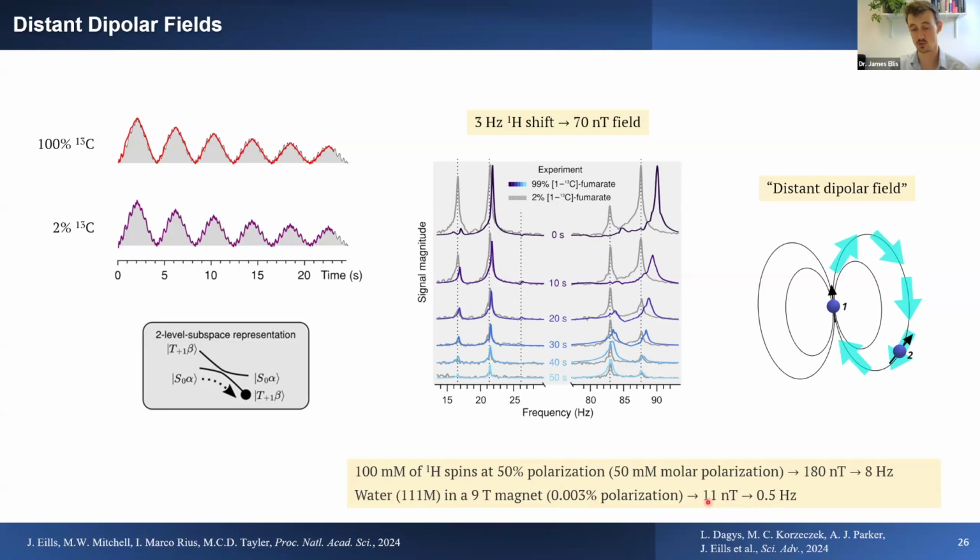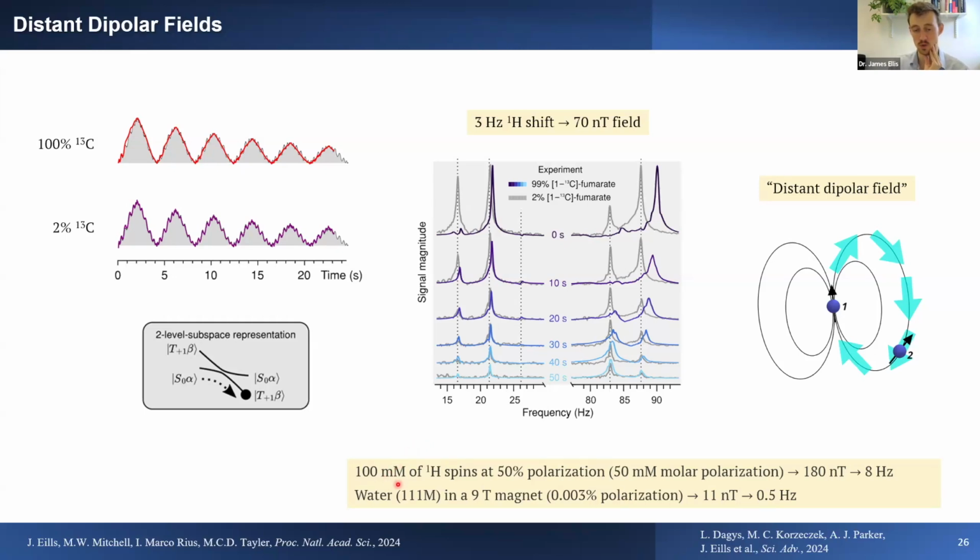And this is basically true. If you put water in a high field magnet, you get some small line shift because the water spins are at low polarization, but there are enough of them that the magnetic field is appreciable. In hyperpolarization experiments, we encounter this in a more problematic way.